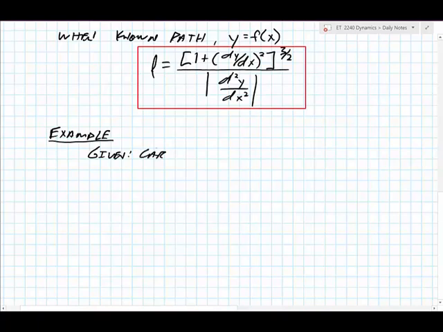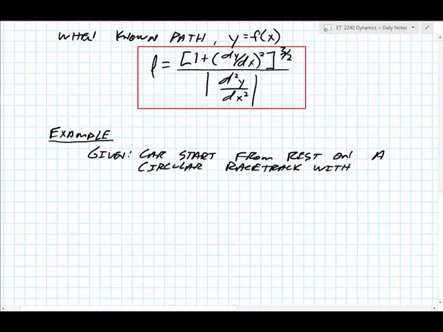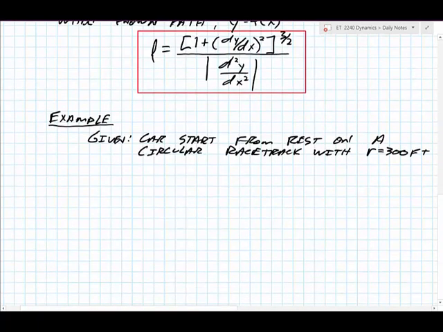I'm just going to say it's a car, and this car is going to start from rest, so our initial velocity is equal to 0, on a circular racetrack. So this car is going around a circle, Indy 500 style. And it has a radius that's equal to 300 feet. So we're in standard units.